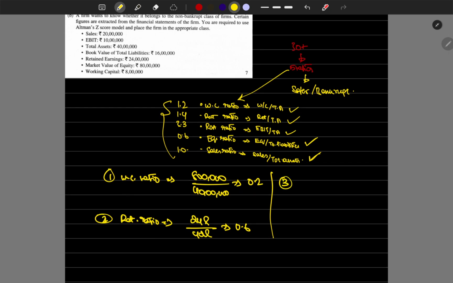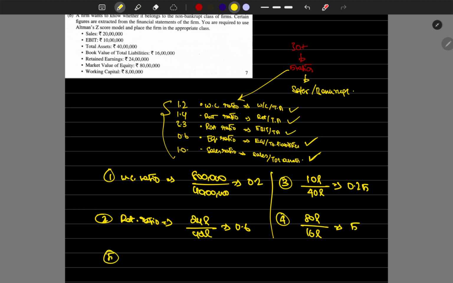Return on assets is EBIT: 10 lakh divided by 40 lakh, which is 0.25. Then the equity ratio: market value of equity 80 lakh divided by the book value of total liabilities 16 lakh, which is 5.